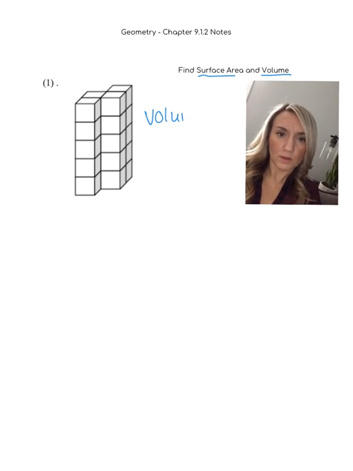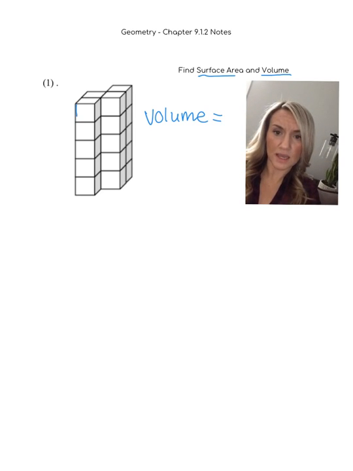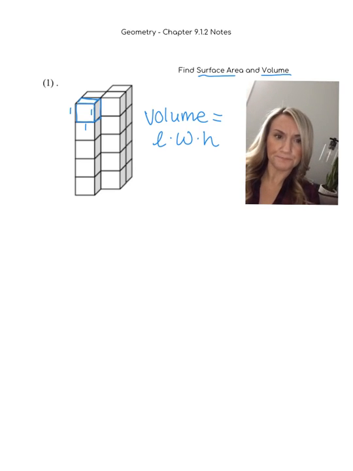Volume is everything that you can basically fill inside of this shape, and I want to look at one cube. If I look at one cube, I know the side length is 1 by 1 by 1, and to find the volume, as if we were filling it with water, it would be the length times the width times the height.